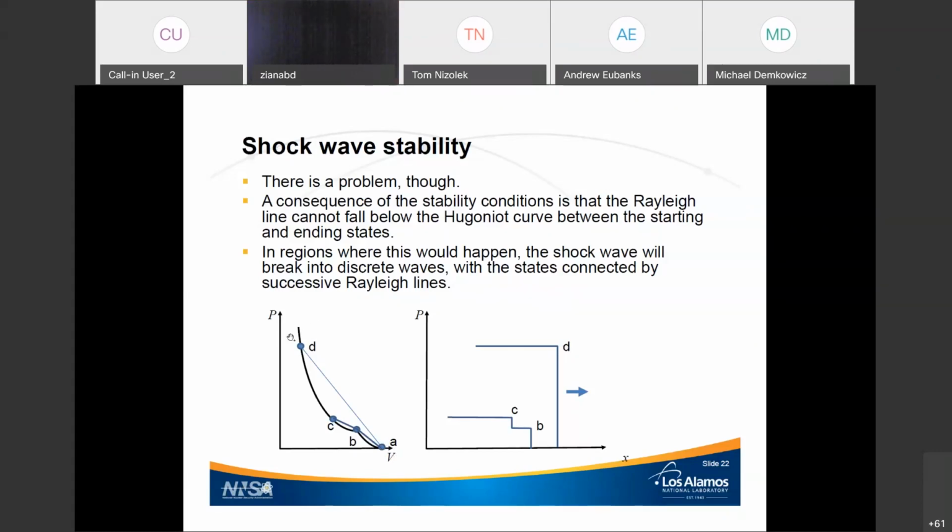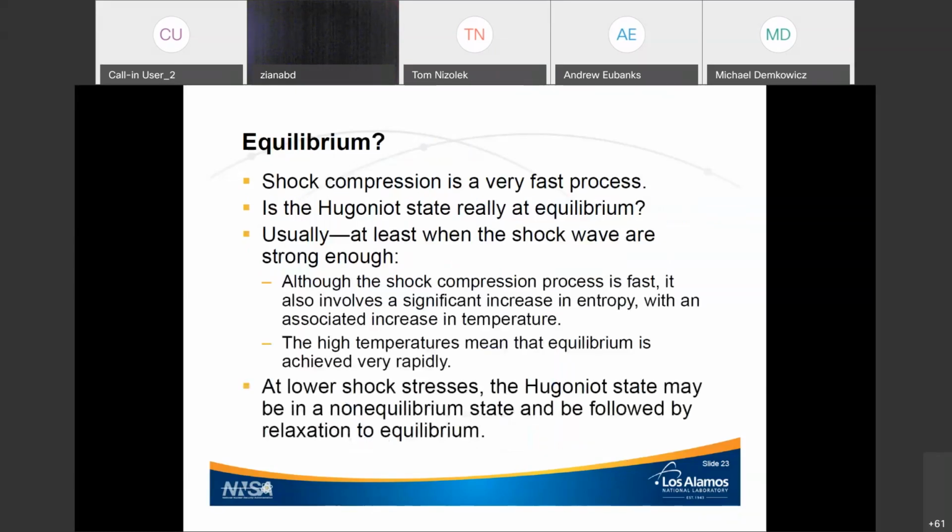Shockwaves are also very high entropy and very high temperature, so things move around very fast. And the shockwave will broaden out enough to where you can get an equilibrium state, or what is essentially an equilibrium state. Now, that doesn't always happen, but it is fairly common. In fact, let's talk about that.